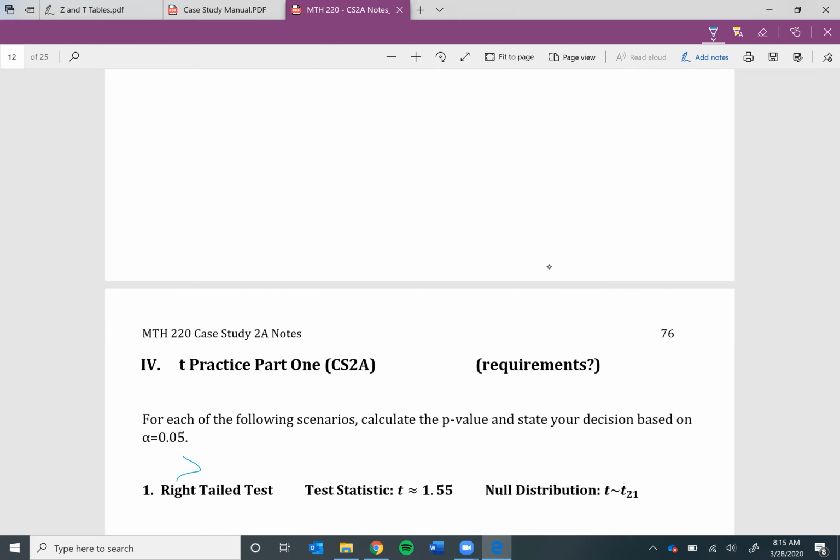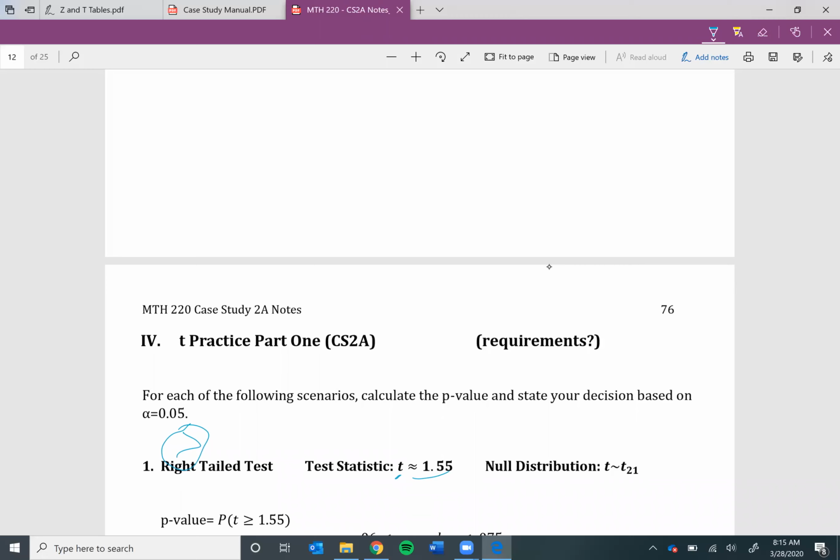I'm just giving you t. This is really just practice writing the p-value statement and getting a p-value from our t-table. The first thing to always start with is the probability statement. So our p-value is going to be the probability of t being greater than or equal to 1.55.